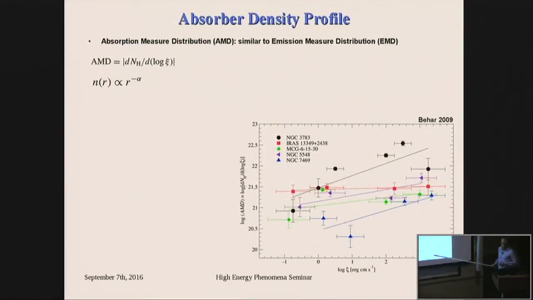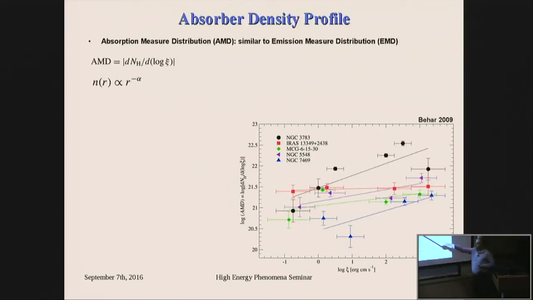Another important parameter in the ionized absorber is the density profile of the ionized absorber. The density profile is usually studied using a method called absorption measure distribution, AMD. This method is similar to emission measure distribution. Absorption measure distribution is defined as the distribution of column density with ionization parameter.